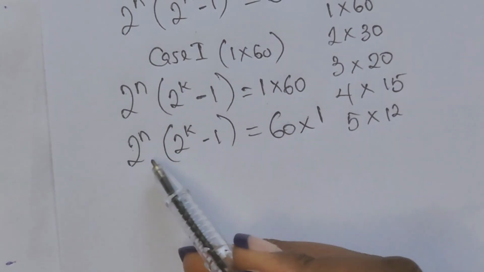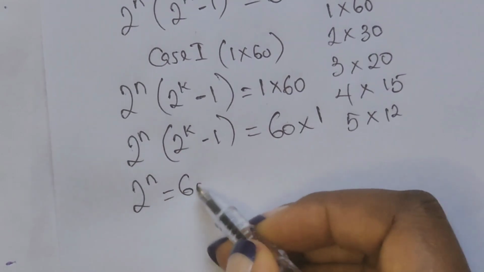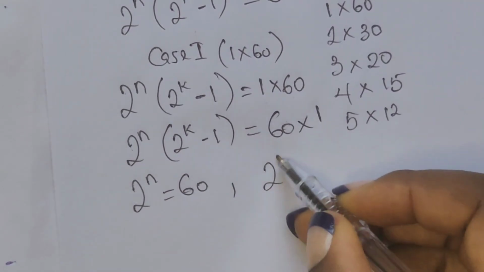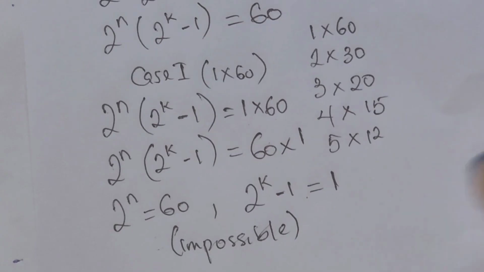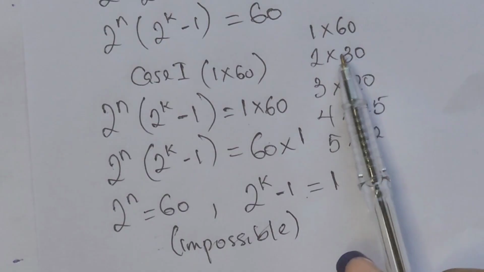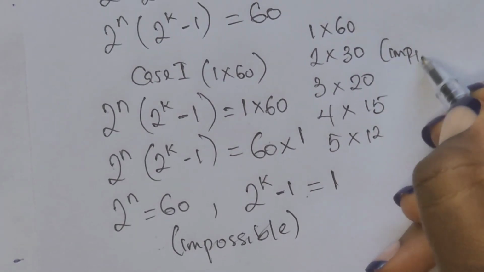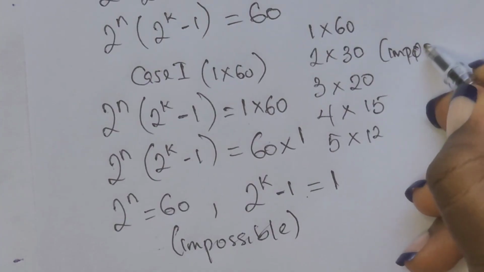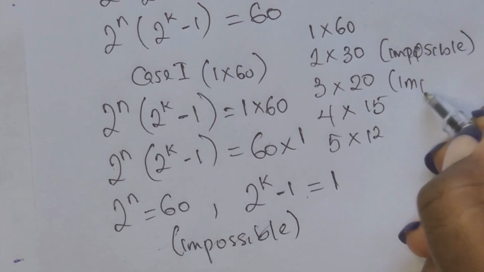So equating the left hand side and the right hand side, we have 2 to the power of n to be equal to 60 and 2 to the power of k minus 1 to be equal to 1. So when we consider case 2 it is also impossible. And case 3 too is impossible.